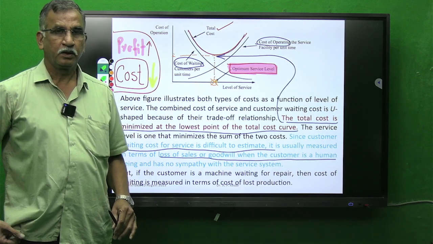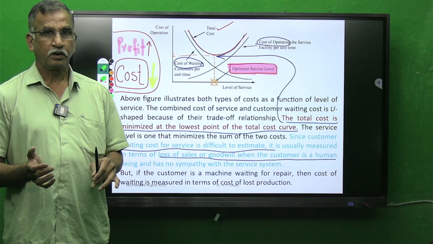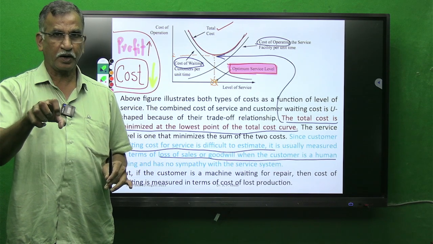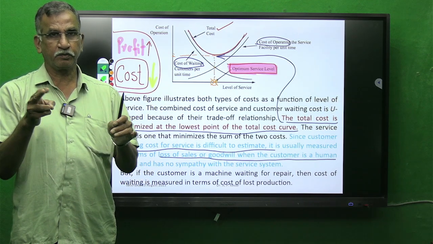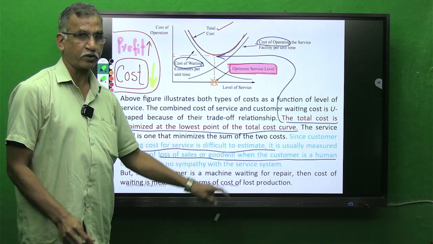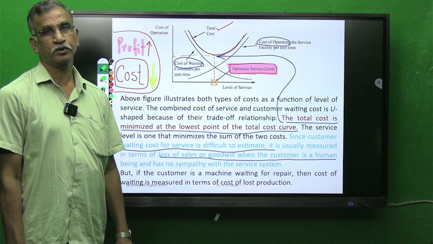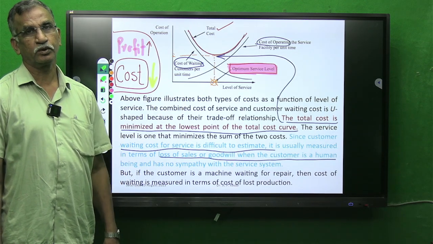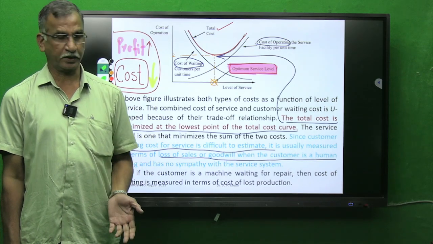My customer will have a negative mindset for my system, for my product, that this particular brand is not providing the service at optimum level, and negativity will go on multiplying, and that will affect sales of the product and cause loss of goodwill of the organization, which is very dangerous for any organization. So looking at this aspect, you have to give the best service to your customer at every point of time.